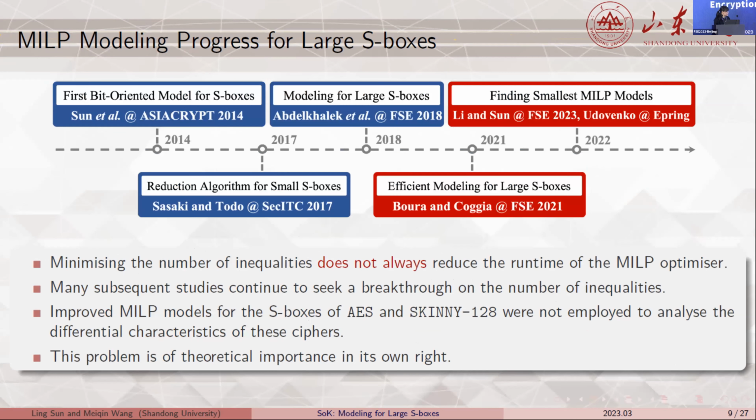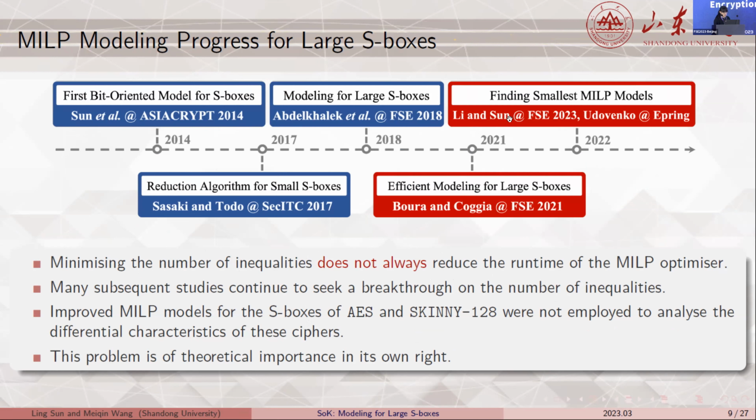Although many researchers pointed out that minimizing the number of inequalities does not always reduce the runtime of the MILP optimizer, many subsequent studies continue to seek a breakthrough on the number of inequalities. We list some of them here, also including the work in the last presentation.